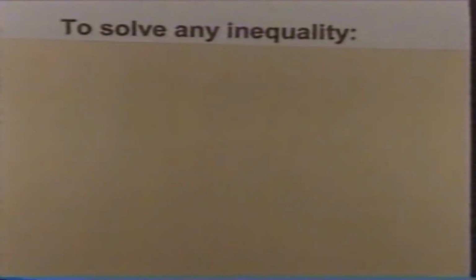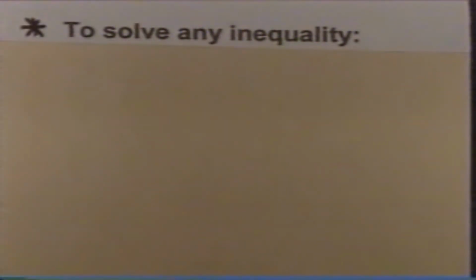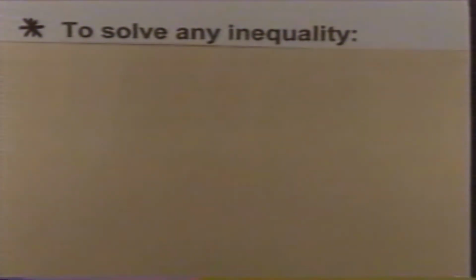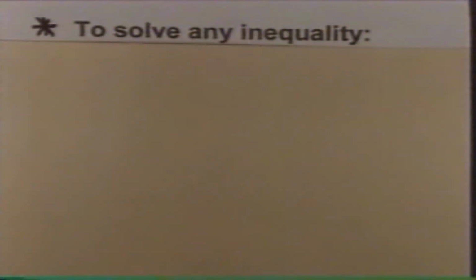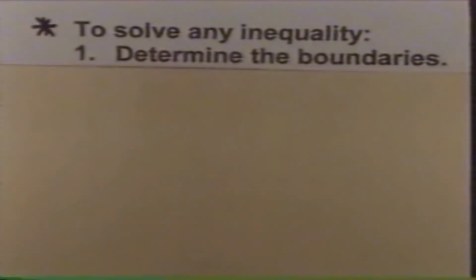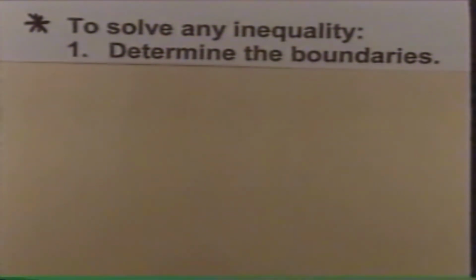I'm going to put a star on this one, which means that you need to put it on your study sheet and you need to know it. This is one you should be able to repeat and explain at any time. To solve any inequality, step 1, determine the boundaries.